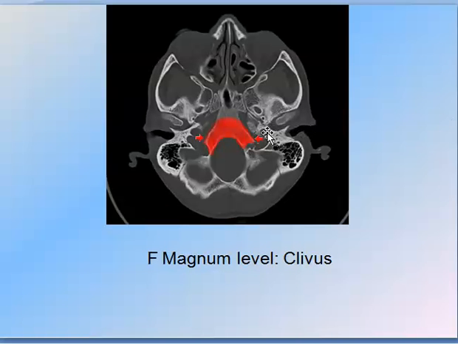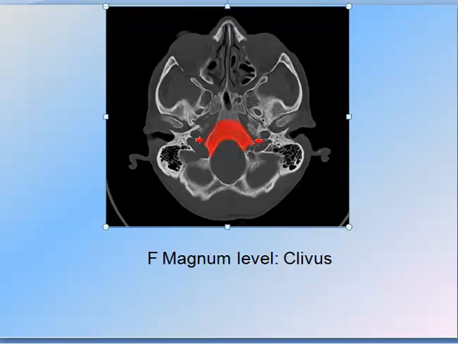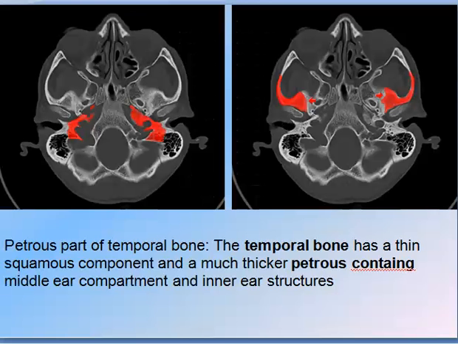What is this? This is the clivus, and this is the level of the foramen magnum, and this is the clivus. Clivus is the main part of the basi-occiput. Now these are the petrous parts of the temporal bone.